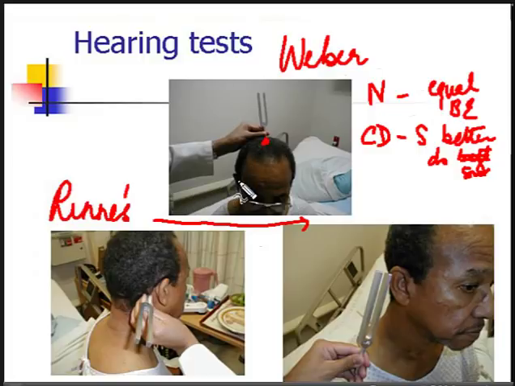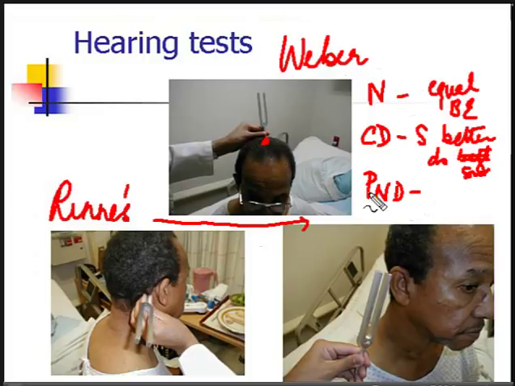If this person, on the other hand, has partial nerve deafness, it's always partial, because if it's total, then they cannot hear at all. So with partial nerve deafness, you'll see why in the Rinne's test, which should explain that.